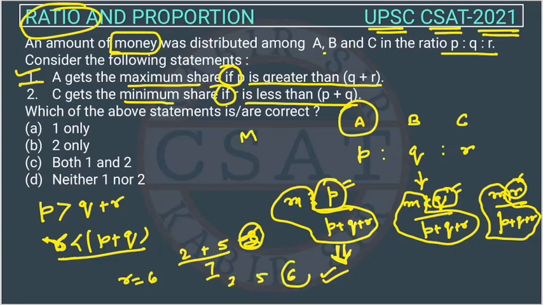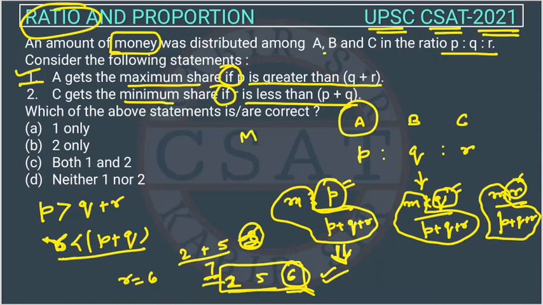So C is receiving the maximum amount of money, not less, right? So this is not possible. If we consider 2, 5, 6, the condition fails.